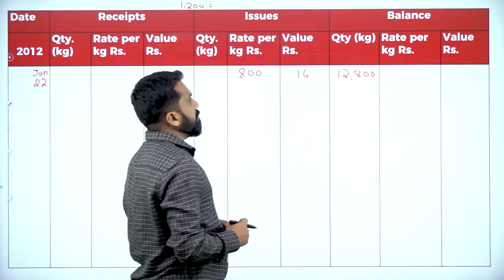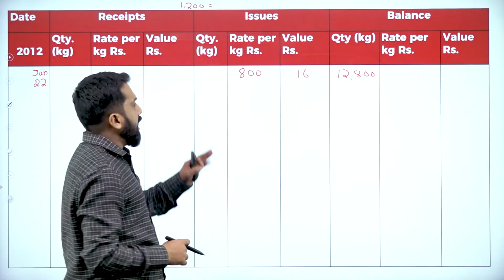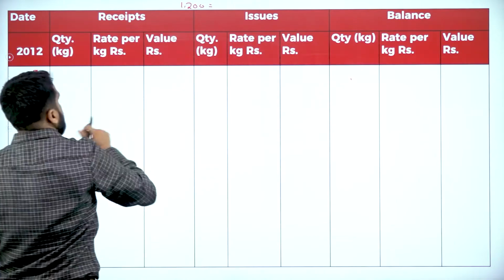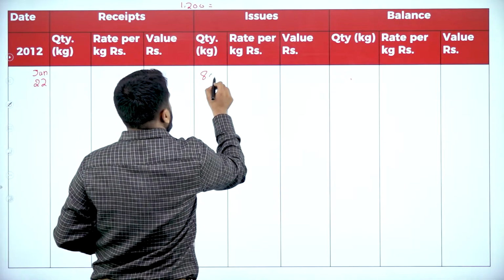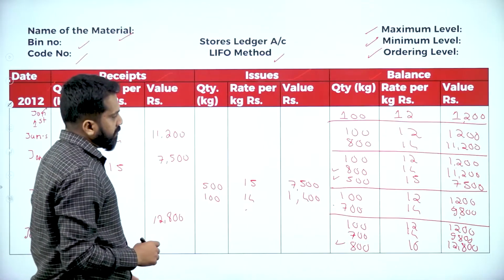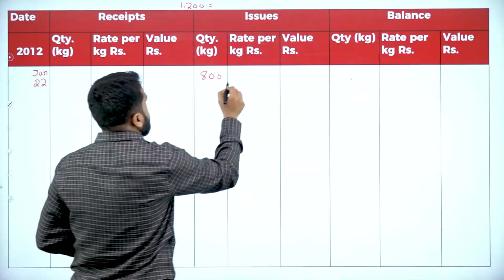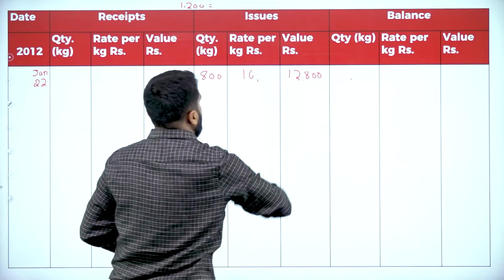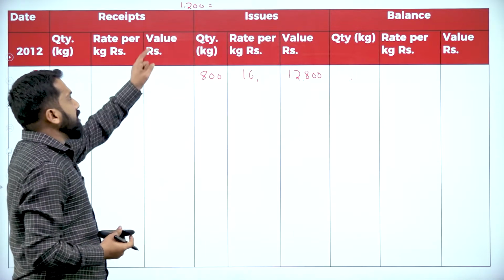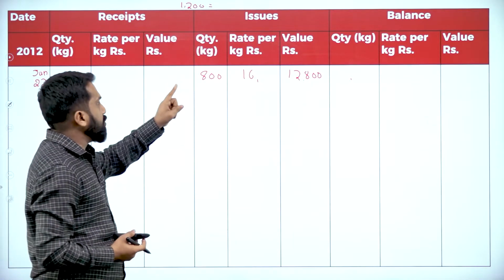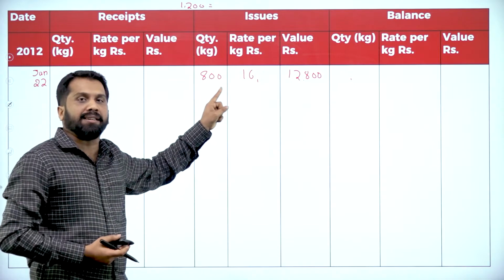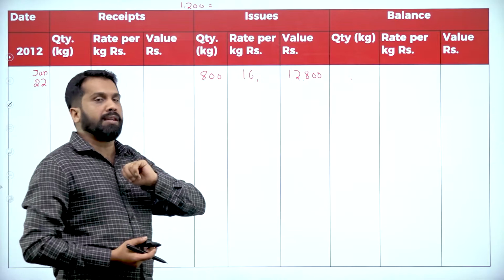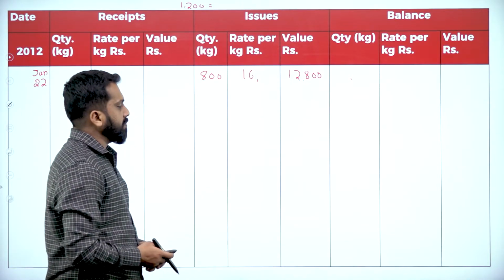How much did we need? We need 1,200. We got 800. Still, we need 400 more. How to get this?